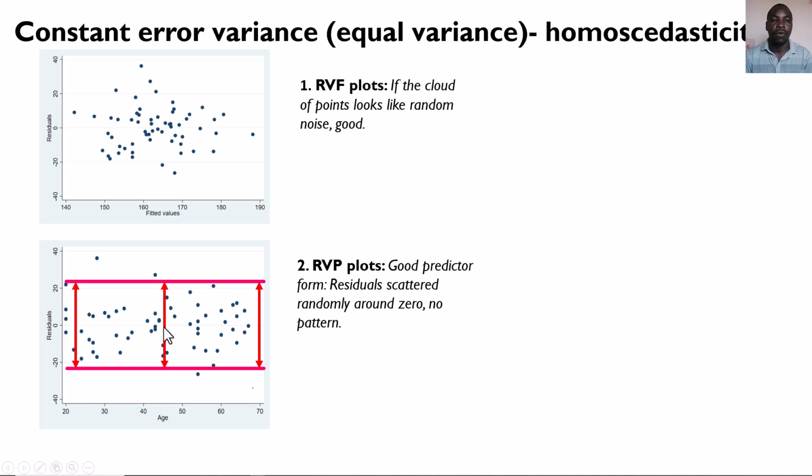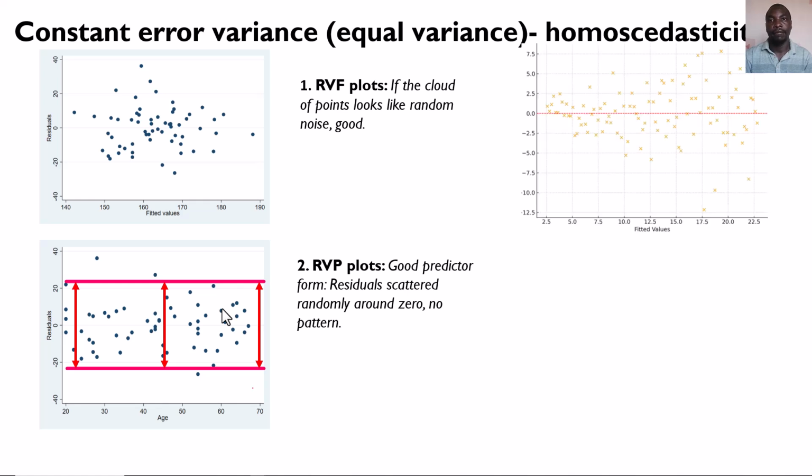The vertical distribution of the variance remains the same even when the variable values increase. That's the constant variance we are talking about, or homoskedasticity. So far, using the two plots, we can see that our equivariance assumption has been fulfilled.